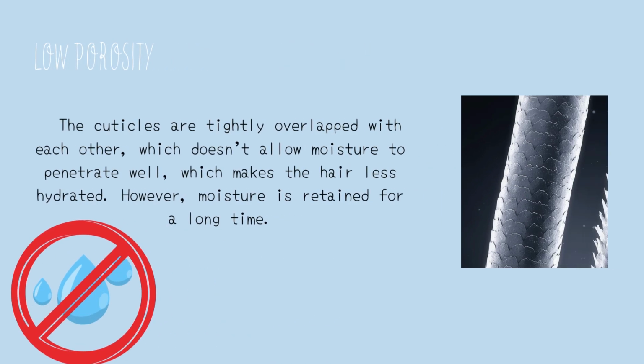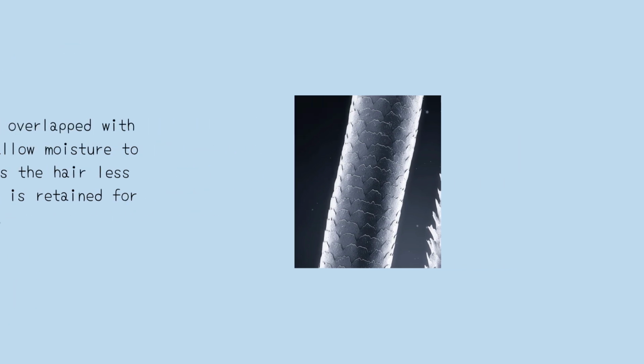Low porosity hair is when the hair cuticles are tightly overlapped, so the gaps in between the overlapping are quite small. It doesn't allow products to be absorbed fast, and products are also retained for a very long time.